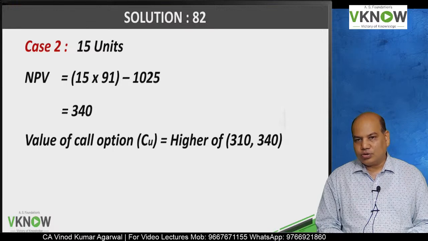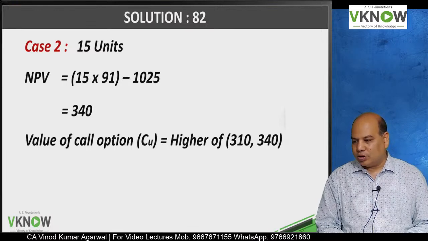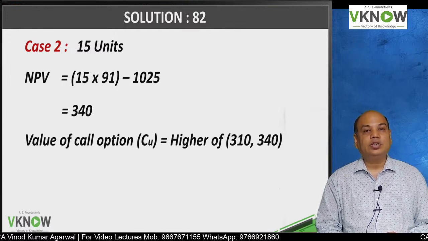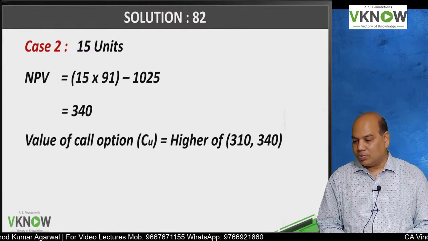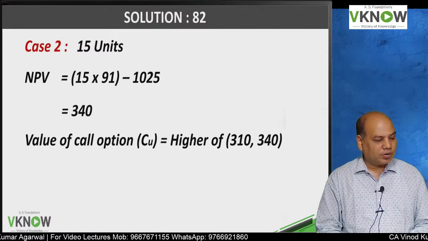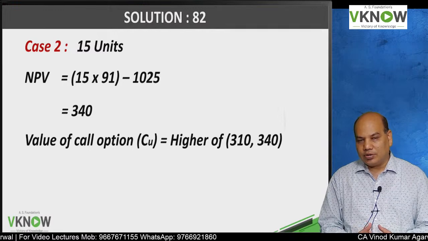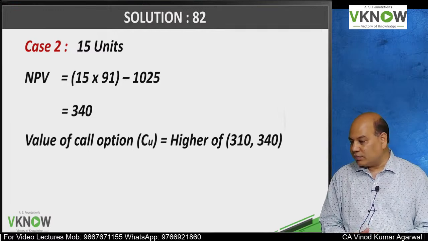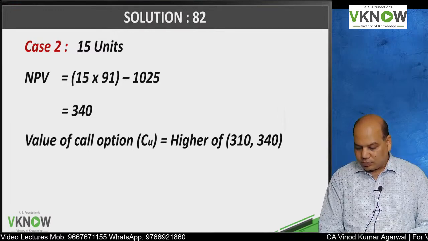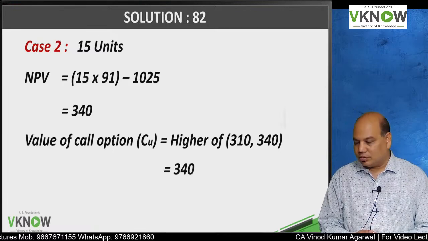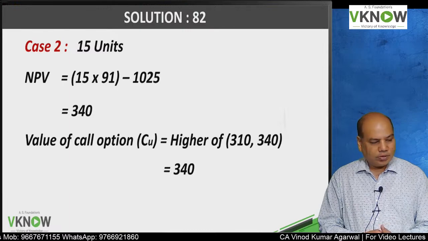So I have to make a choice between 10 units and 15 units. So what will be my value of this call option? For waiting for 1 year, if the market is buoyant, I will choose higher of the two. So write down value of the call option will be higher of the two, 340.